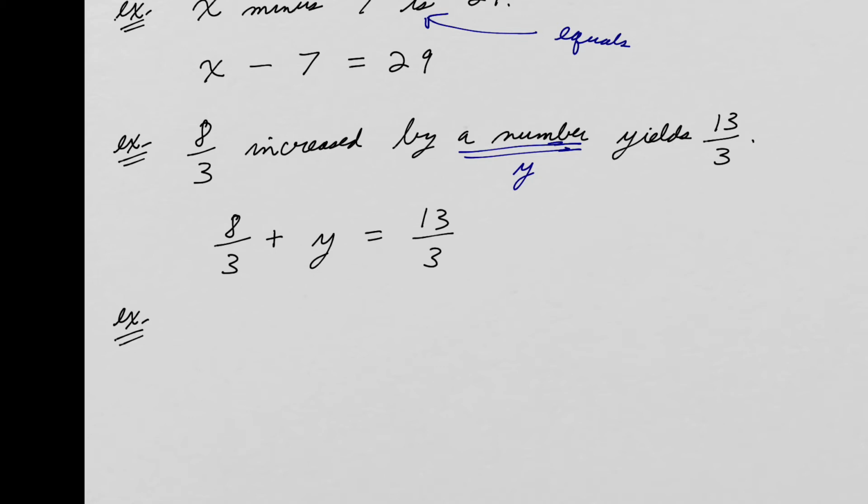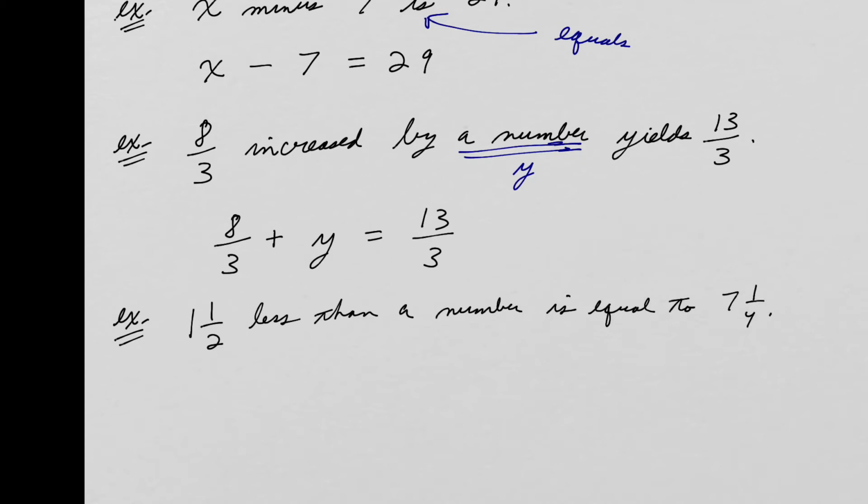How about this? 1.5 less than a number is equal to 7.25. Again, we have to come up with a name for our unknown, which we're calling a number here. Let's just maybe use x.